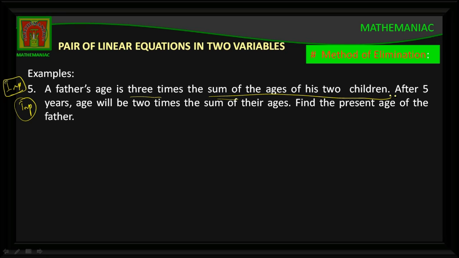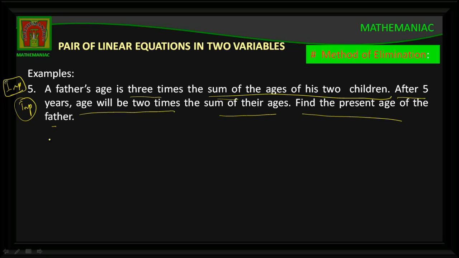Remember it. After 5 years, his age, right? His age will be two times the sum of their ages. Their ages means the children's ages, right? Find the present age of the father.